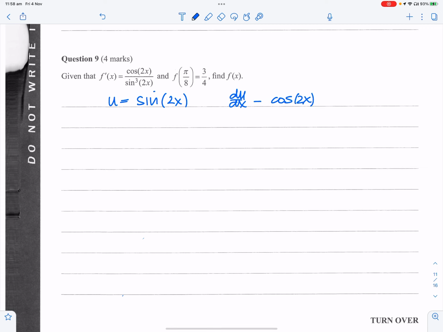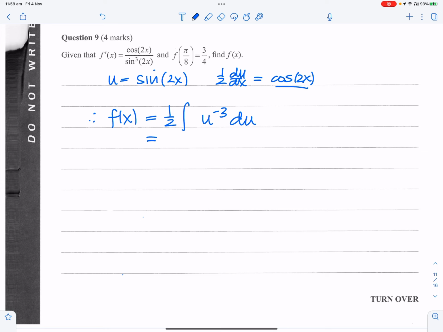So we can say cos 2x is a half du/dx. We can say that f(x) is a half, cos 2x we can replace with a half du/dx. And we've got 1 on u to the power of 3, which is u to the negative 3. We can say that's du.